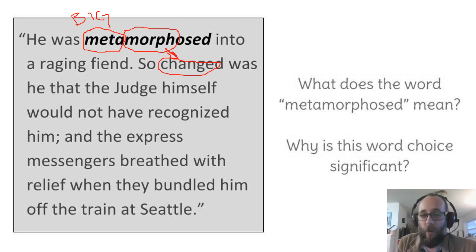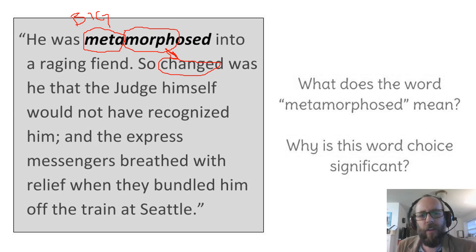Like if you were to cut one open early, it just looks like boogers. It's not a caterpillar at all. It's not a butterfly at all. All the genetic information has been rearranged. And then slowly it starts to piece itself back together into a brand new creature, which is the butterfly. So when we say metamorphosed, this is not changing the way a human being changes, like from a little kid to an adult. This is like changing from one creature to another.